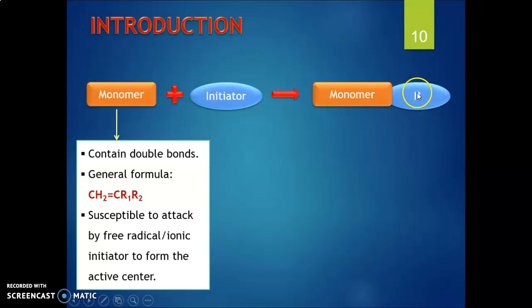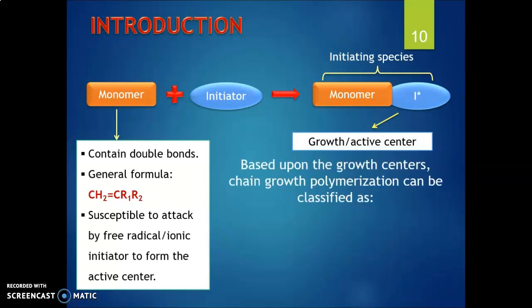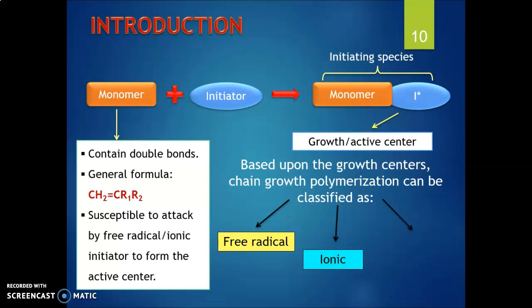And this one is the symbol for the active site. So we call it the initiating species. Okay, it acts as the growth or active center. So based upon the growth centers, chain growth polymerization can be classified as free radical, ionic, and coordination.